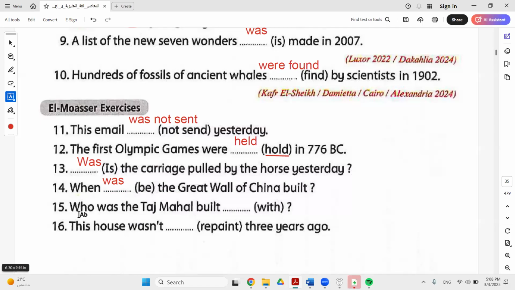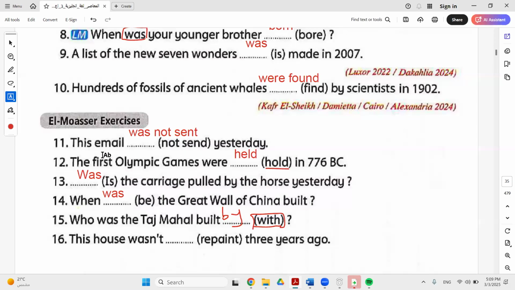Who was the Taj Mahal built by? Built by.